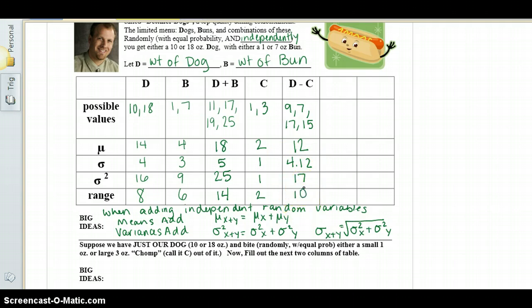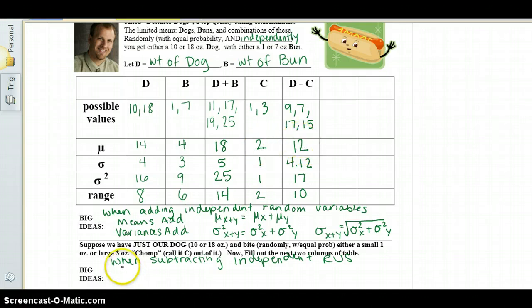So what we're looking at here is subtracting independent random variables. If you look at the means, if you take 14 minus 2, so D minus C, you do get 12.